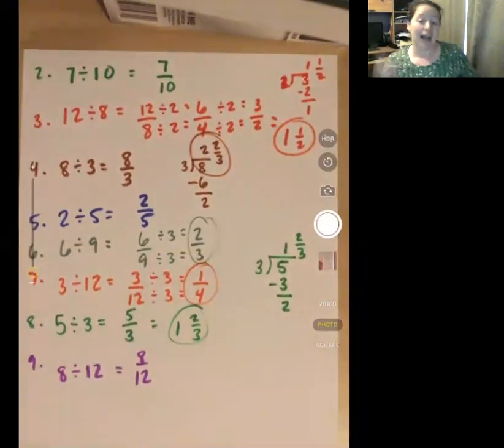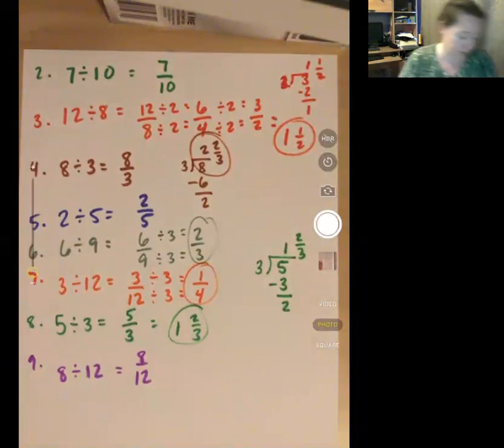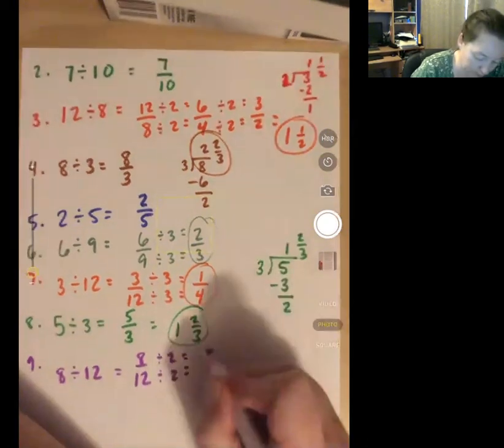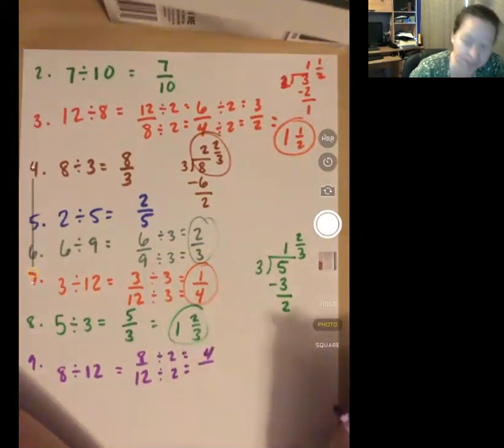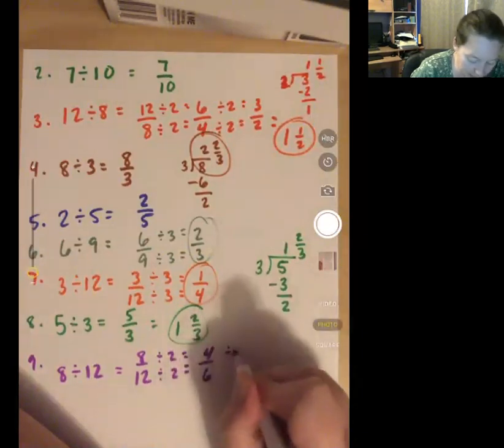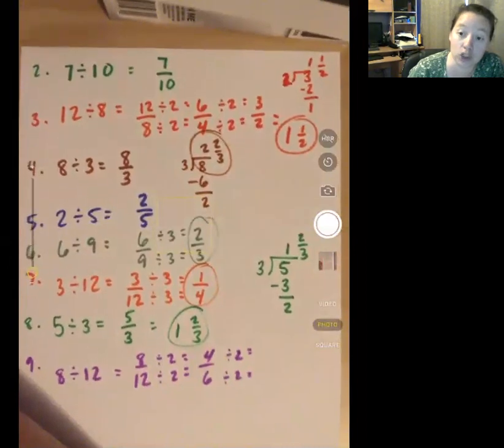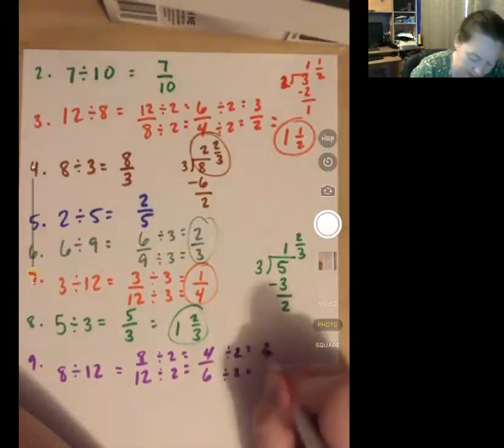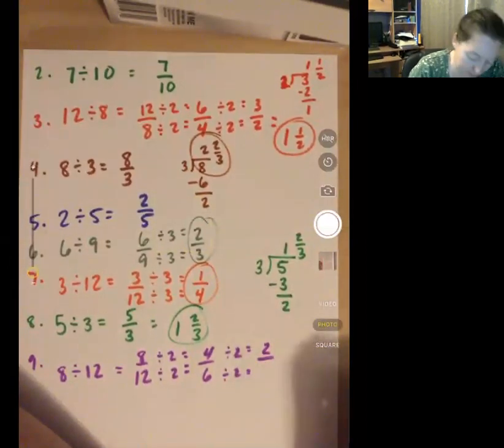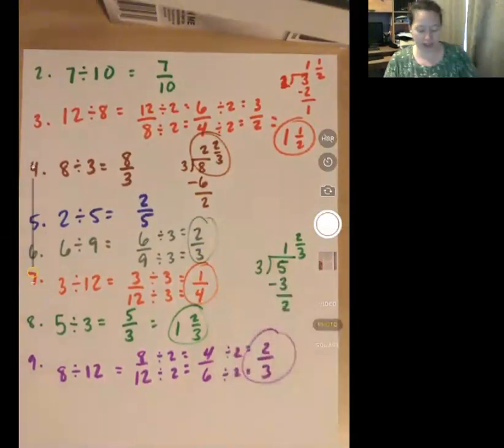Now, I can divide out of that. I can divide out a 2 because they're both even. 8 divided by 2 is 4. 12 divided by 2 is 6. Can divide out another 2 because the 4 and the 6 are both even. 4 divided by 2 is 2. 6 divided by 2 is 3. And I end up with each getting 2/3 of a set.